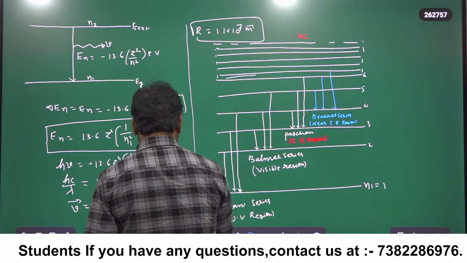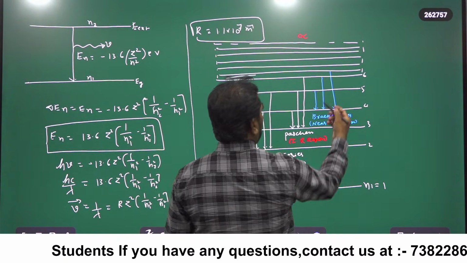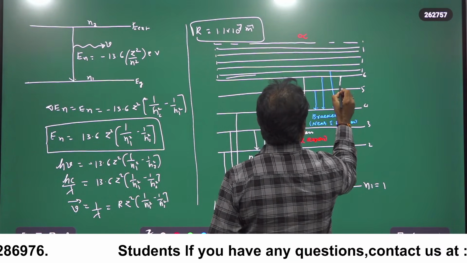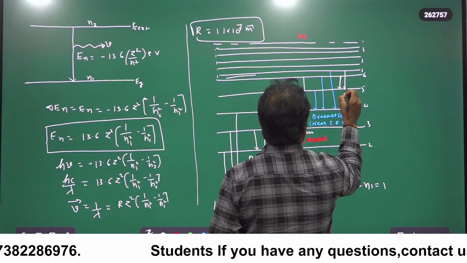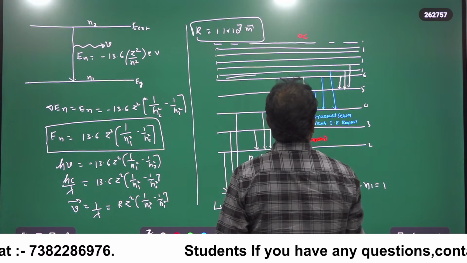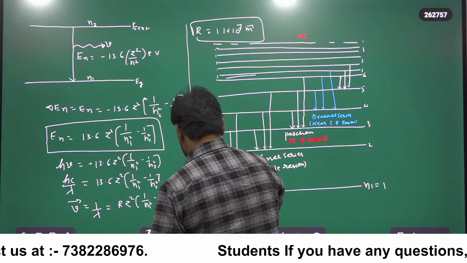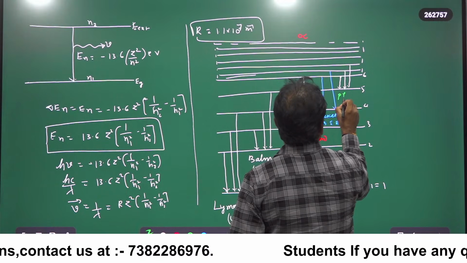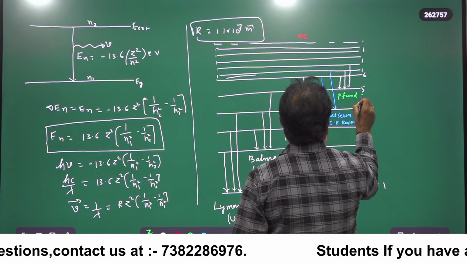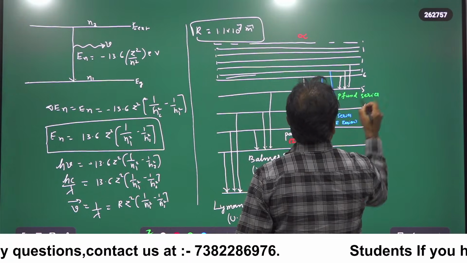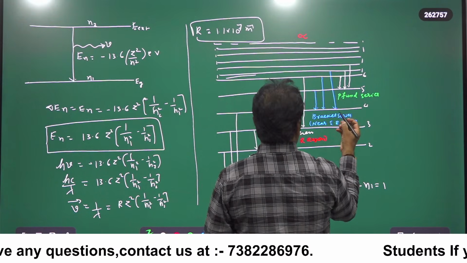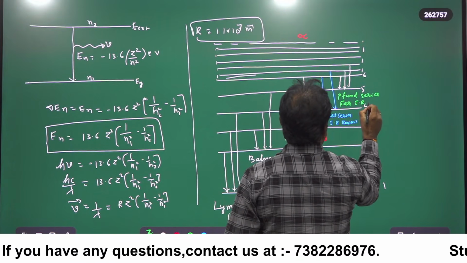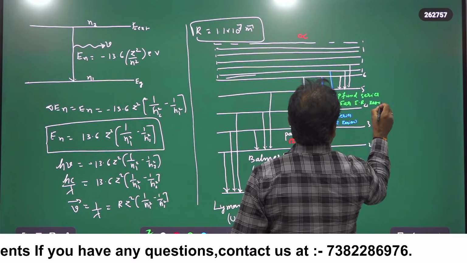Next, when the electron undergoes transition from N2 is equal to 6 to N1 is equal to 5 like this, and so on, Pfund series is formed. This is called the Pfund series, which is forming in the IR region.